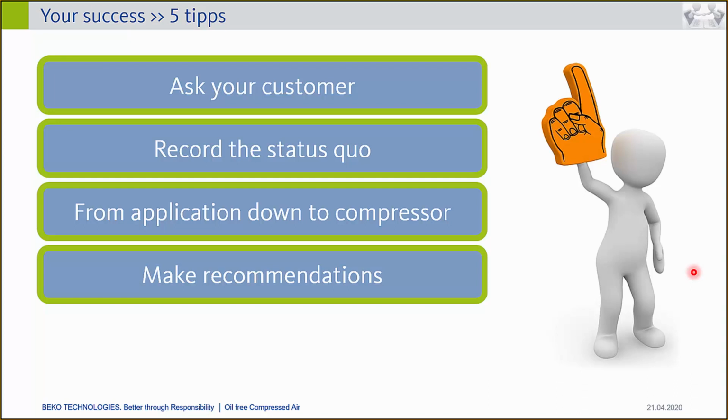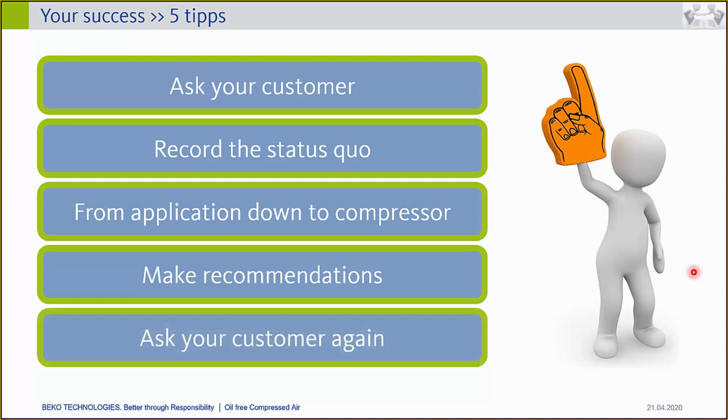You should figure out, when you discuss with the customer, what he is mostly focusing on and what the priority is in terms of improving his compressed air system. And finally, ask your customer again. After everything is integrated, we should be interested in what the result is after a couple of weeks or a couple of months.